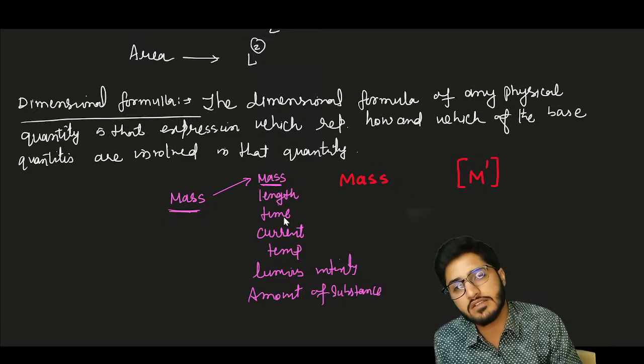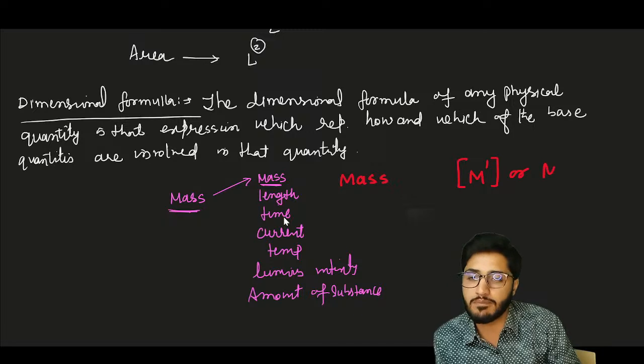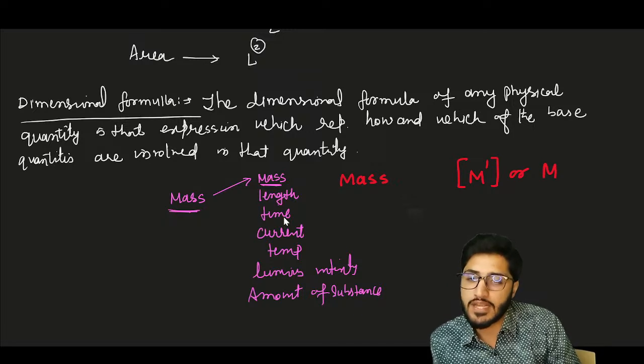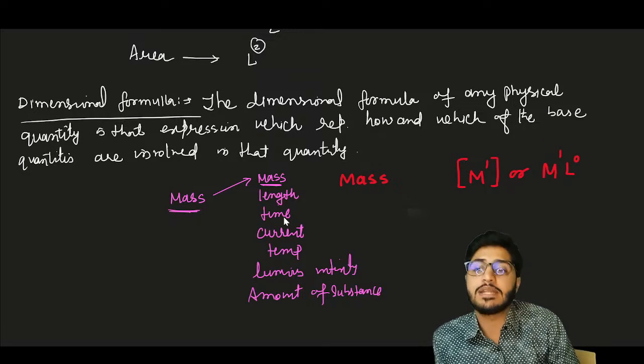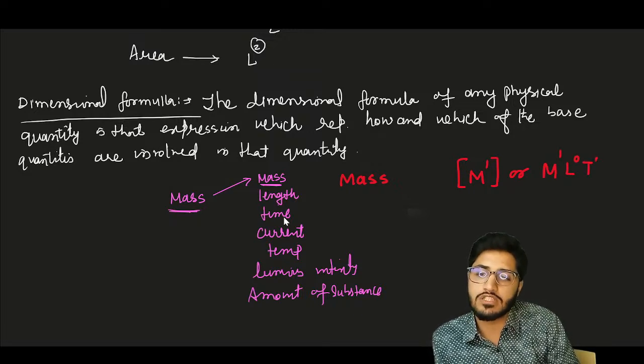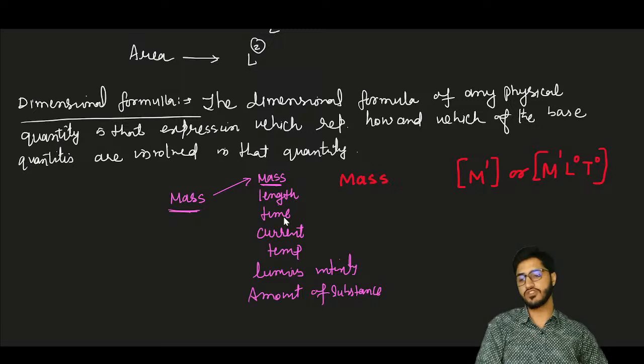This is the dimensional formula of mass. Or I can write it as mass depends on M by 1 factor, L by 0, that means it is independent of L, and T0, it is independent of time as well. So the dimensional formula of mass is M1L0T0.